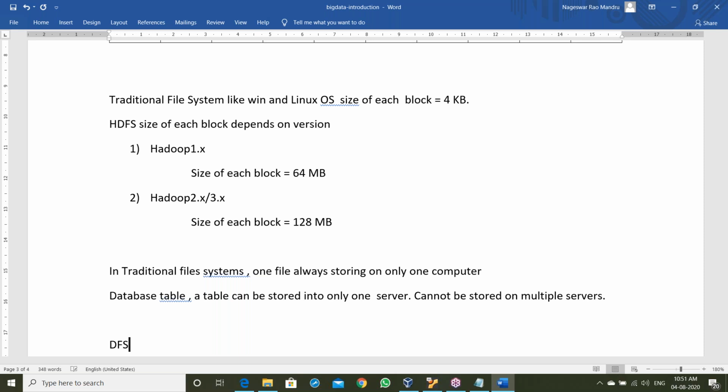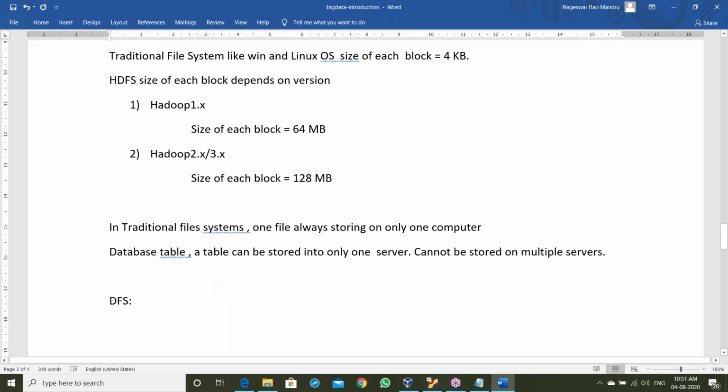Now let us see DFS, the distributed file system. In DFS, a file is split into multiple parts and distributed across multiple systems in a network, multiple computers.